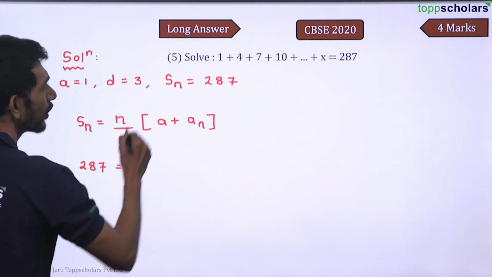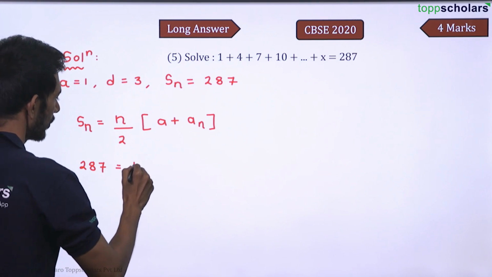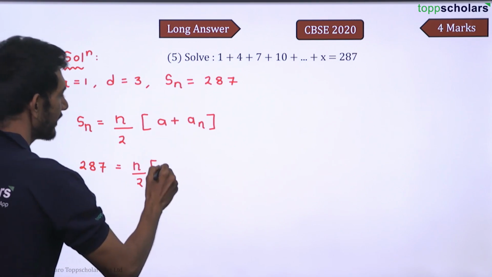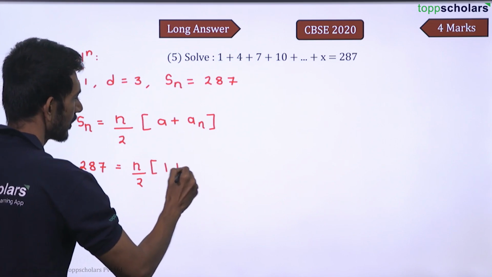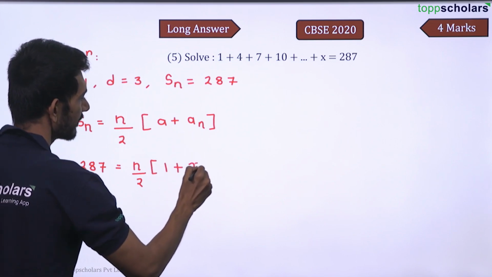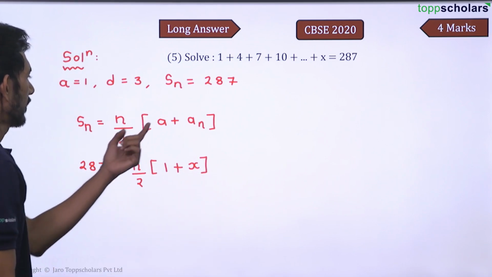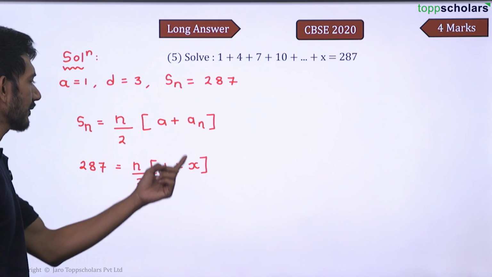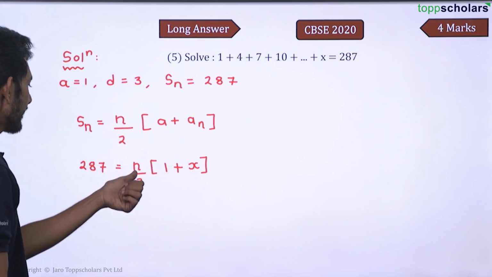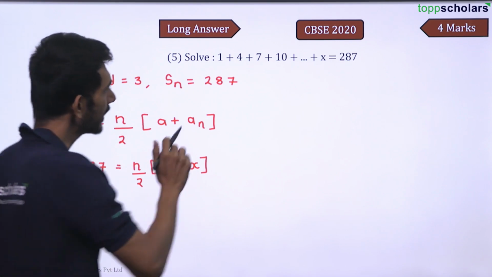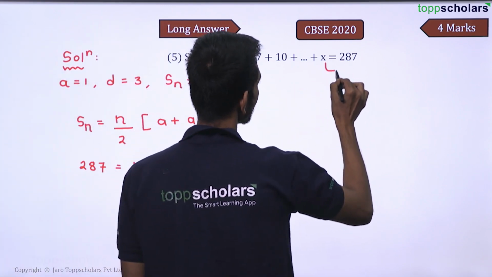That is equal to n by 2. How many terms are there? We don't know. So we'll write down n by 2. Then we have a, that is 1, plus an is x, right? So we have a, we have an, we have n. Now number of terms we don't know. Now here, can I say that this x is nothing but an?